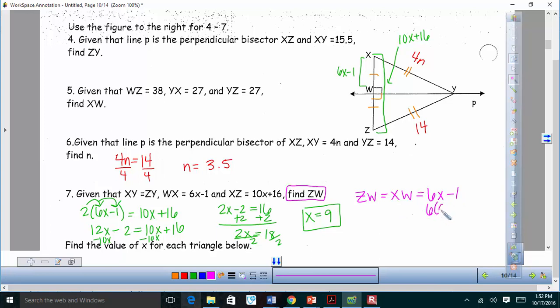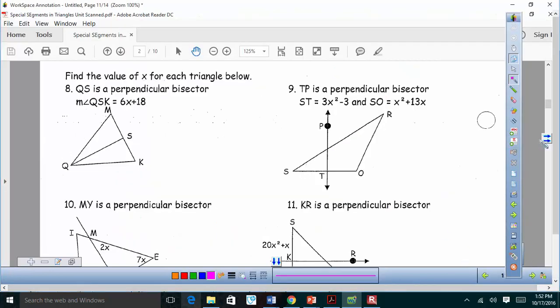So we do 6 times 9 minus 1, and ZW would equal 53. Okay, do I have questions so far? Okay.